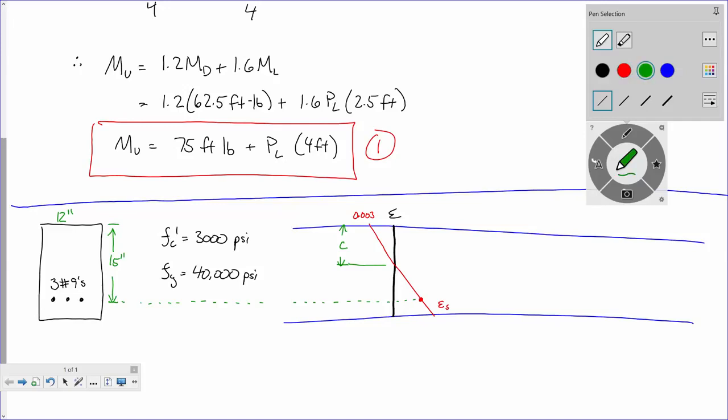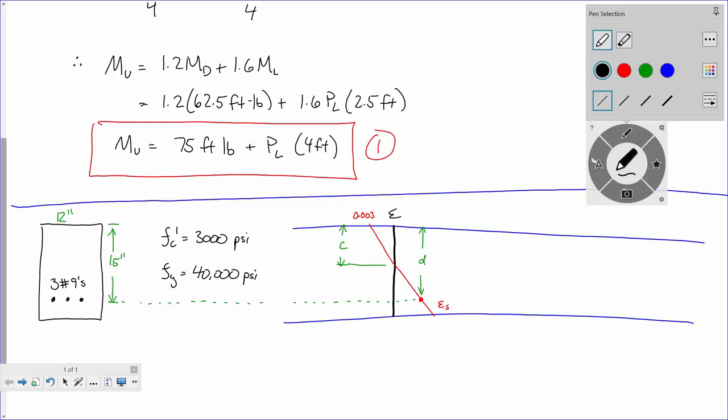And then this distance here, that is D. Sorry, I'm getting my distances backwards. I'm jumping ahead of myself. All right, so far so good?